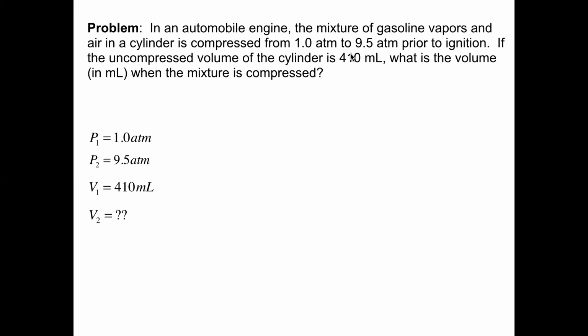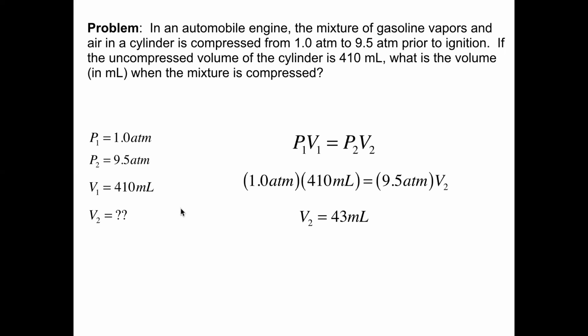When I set up these problems, I like to first write out what we know. So in this case, P1 would be 1 atmosphere, P2 is 9.5 atmospheres, volume 1 is 410 milliliters, and we're solving for volume 2. So again, P1 times V1 equals P2 times V2.